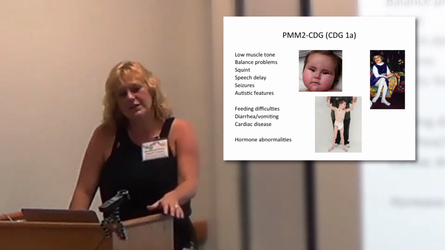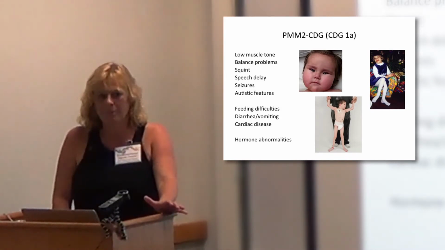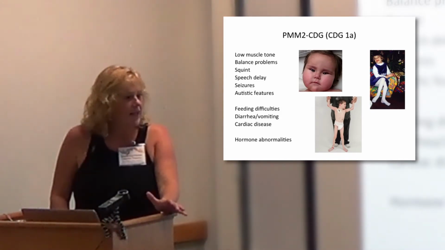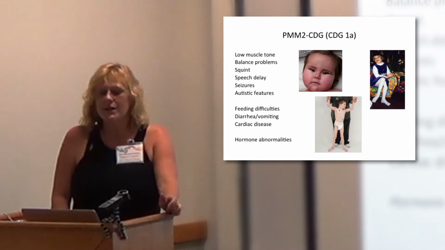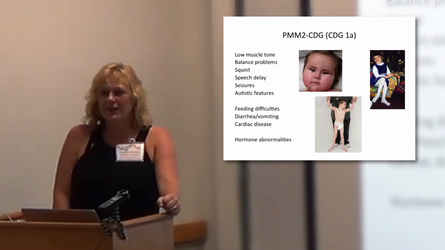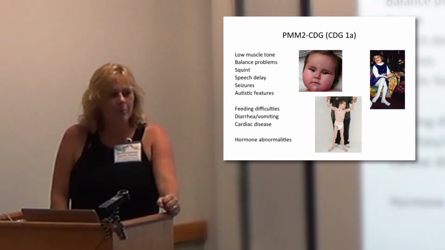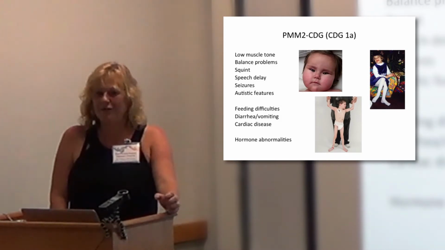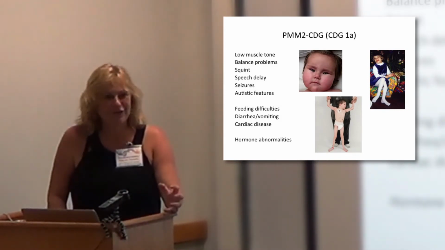Autistic features haven't been described in CDG1A for many years, because the patients are usually happy and content and easy to take care of. But actually they have a need for structure. They need preparation for any change.